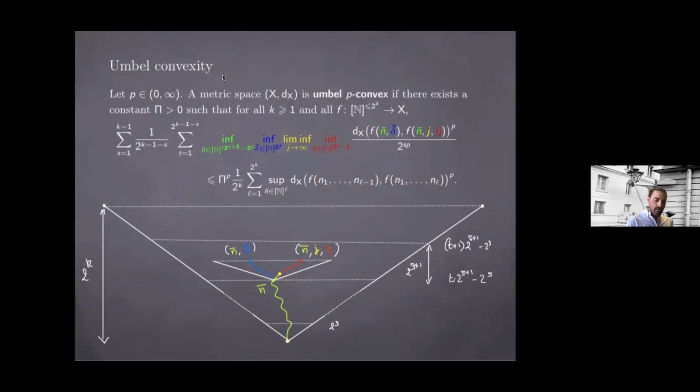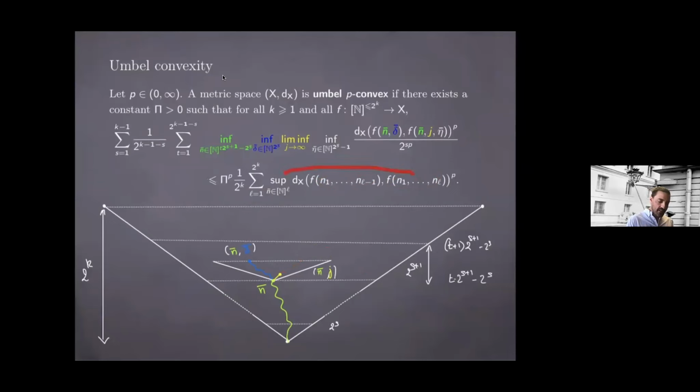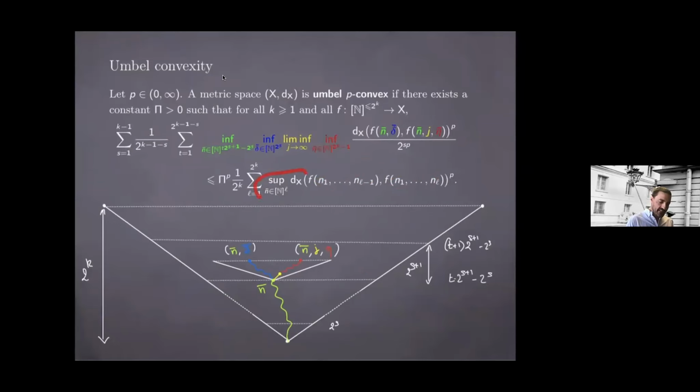And you take the supremum for level L. Essentially, it's the Lipschitz constant, but restricted to a certain level. Because when you have a graph and you're trying to compute the Lipschitz constant, you only need to look at adjacent vertices. So here we're looking at adjacent vertices, but between level L minus 1 and L. And you do this for every level, and then you average over the levels. Okay?